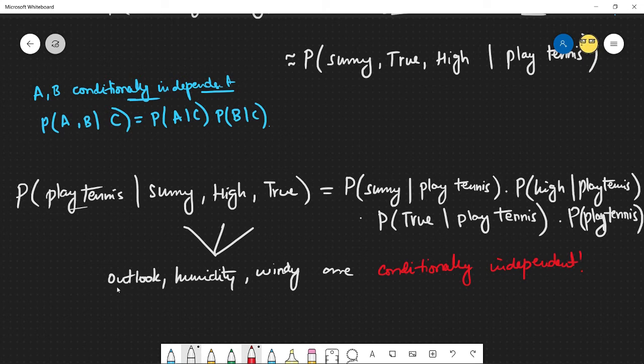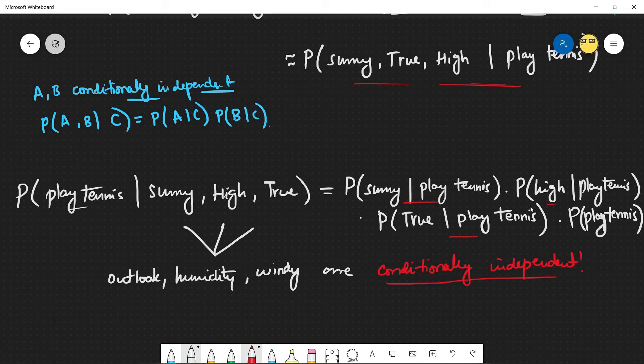And we already saw in the data set that the temperature is never hot when outlook is rainy. So there is some sort of dependence or correlation in our data set, but if we assume that all of my attributes are conditionally independent, then I'm able to convert these pesky joint probabilities into just products of conditional probabilities, and it becomes really computationally feasible to calculate the probabilities of my class.